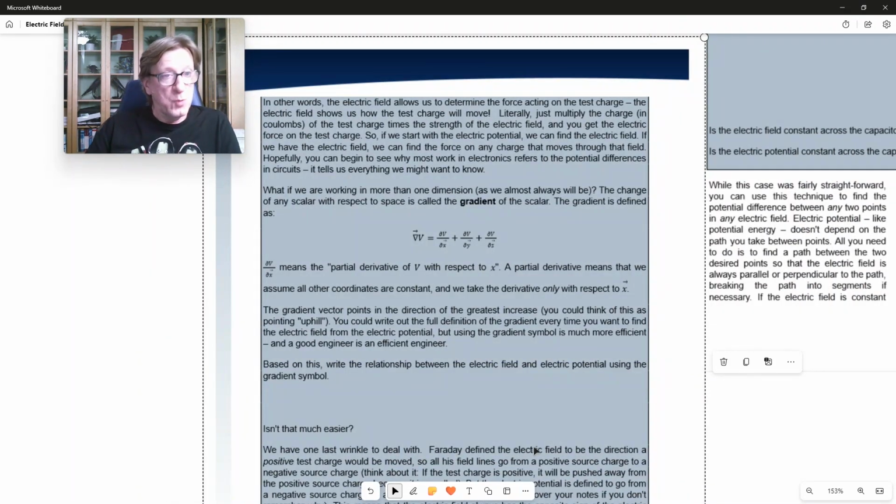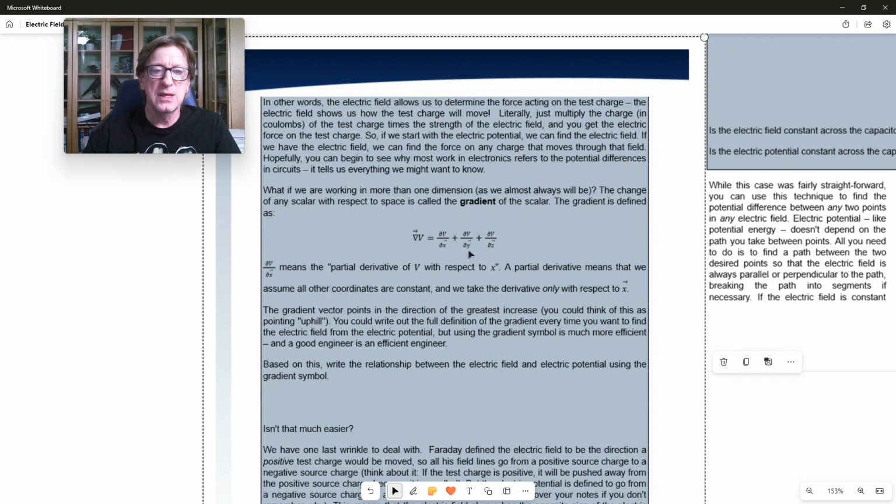Now, if we're working in more than one dimension, with the parallel plates it was only in one dimension. It was delta x, and that was fine. If I'm working in multiple dimensions, well, now I have to look at the change in each one of those, the partial derivative in each one of those directions. And that's what this is here. This is called the gradient. And it's pretty easy.